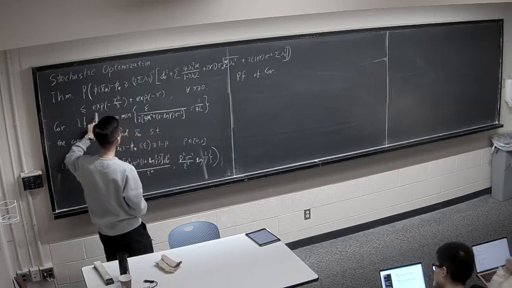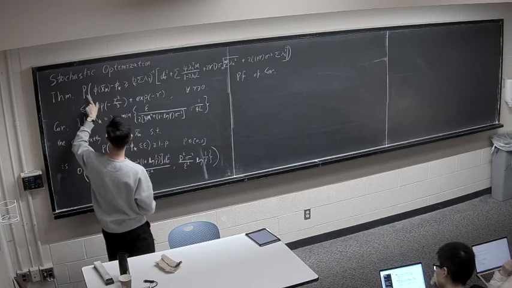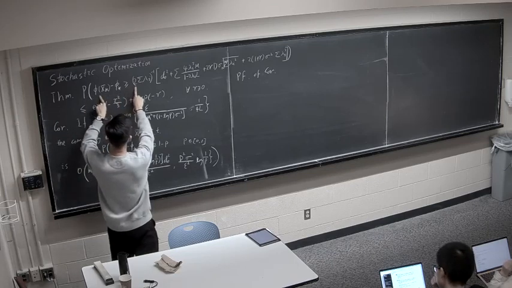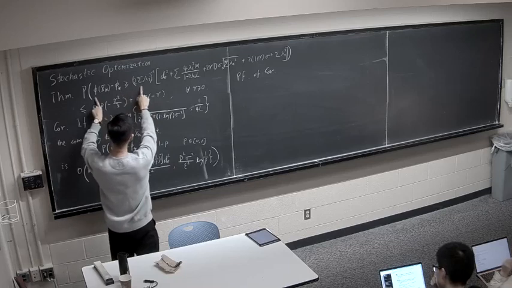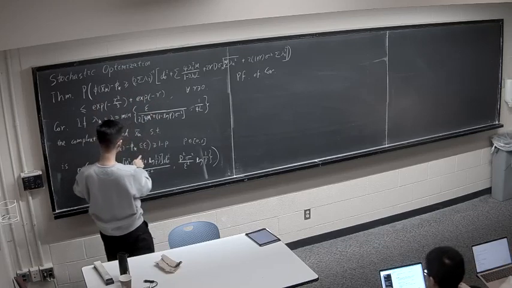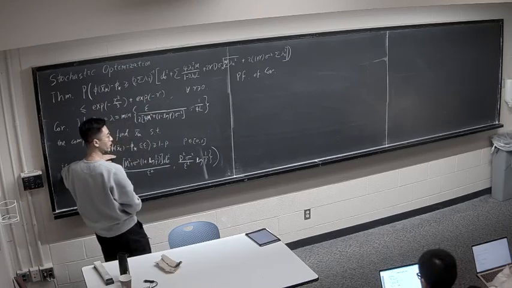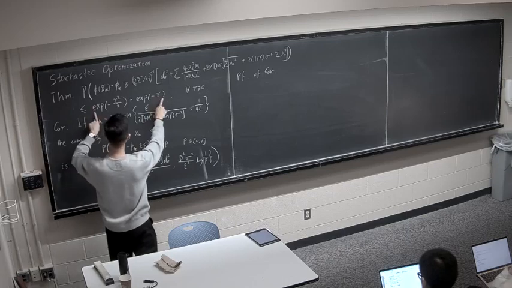So if the probability of this being greater than or equal to epsilon is less than or equal to p, it is equivalent to this claim, right? So let's just make this part to be p.